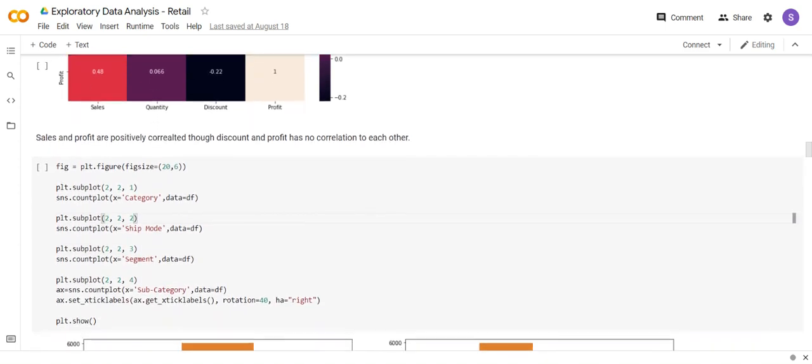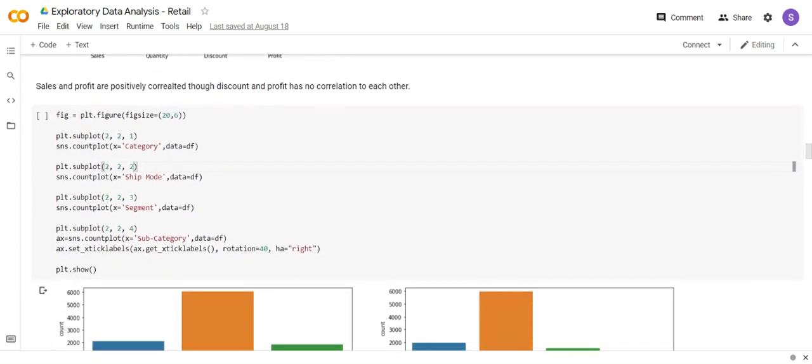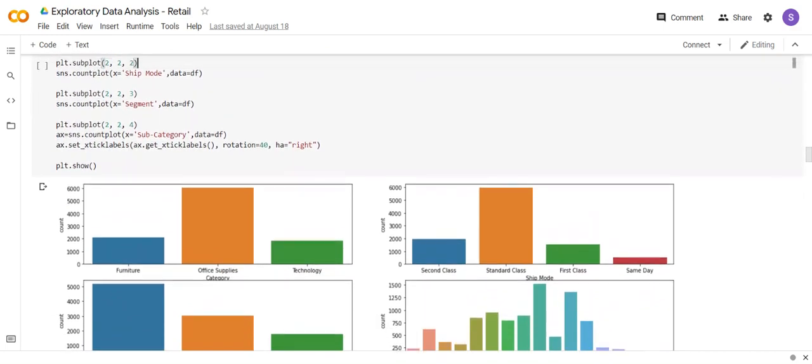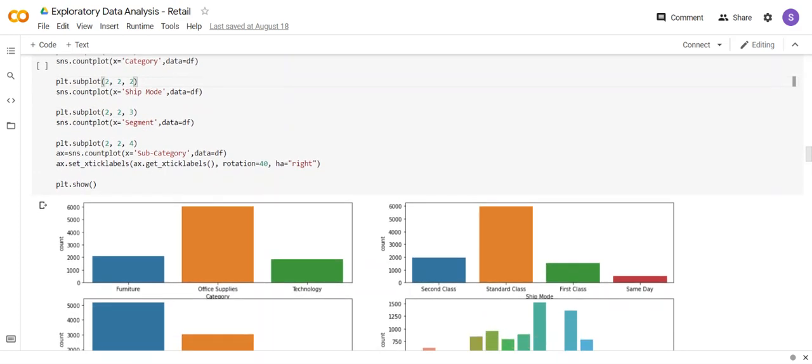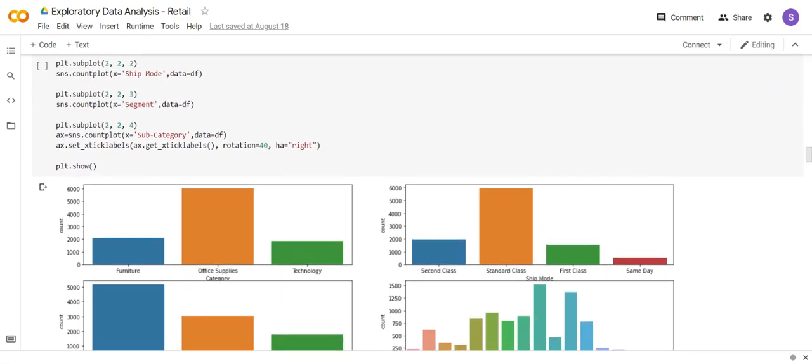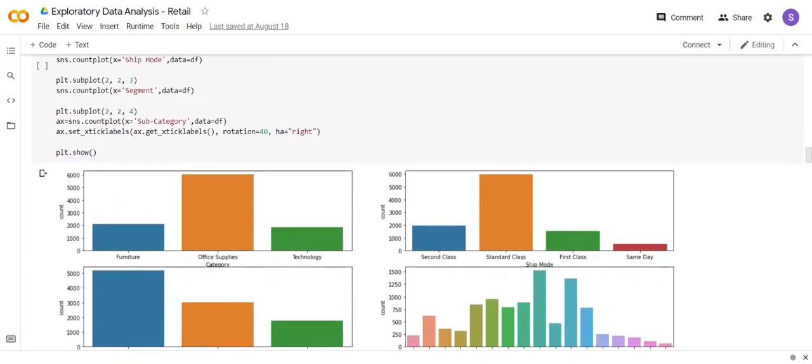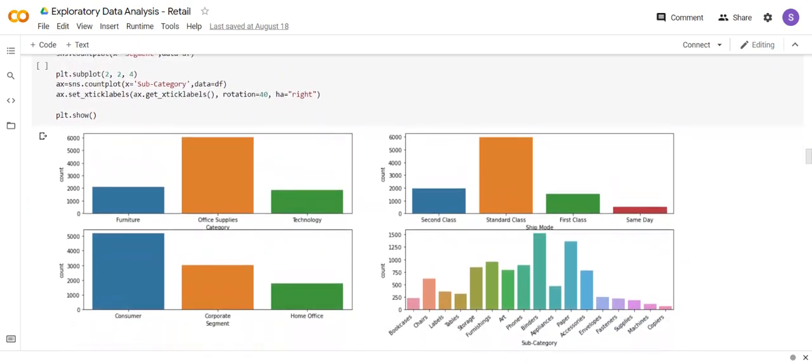So here I'm plotting the shipping mode and the segment, subcategory, and also the categories. You can see here supplies has more sales than furniture and technology.